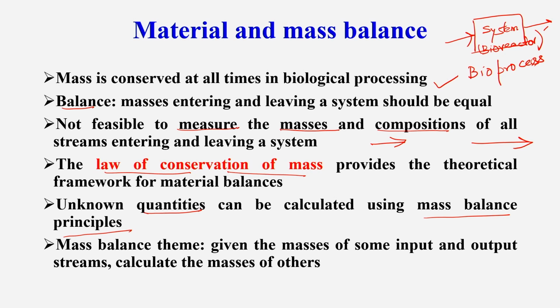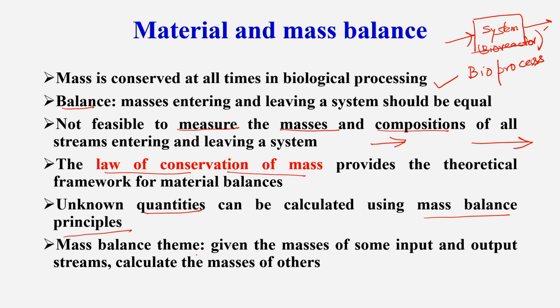So, if you can apply the mass balance, we should be able to calculate the fermentation efficiency, meaning how much of the substrate is being converted to your desired product, how much is accountable for other byproducts, and at the same time, as you know, in the bioprocess cells are also considered to be a product. So, how much substrate is going to the biomass.